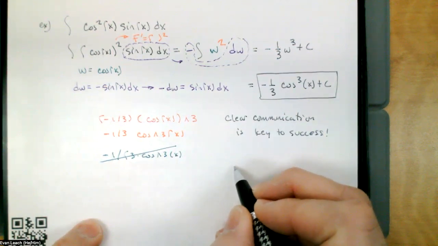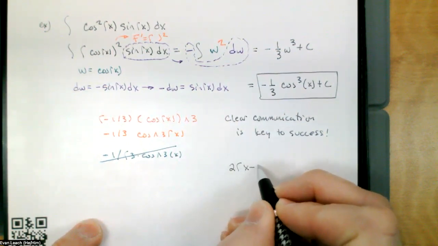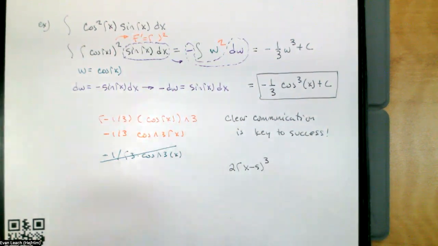But if we write down an expression, it's hard. The reason that we have this is because it's very clear what operations I want to perform and the order that I want to perform them. But when we write a sentence to describe what's going on here, it doesn't come out very well. Think about how you would say this: 2 times x minus 5 cubed. But if you just said 2 times x minus 5 cubed, I wouldn't necessarily write this down.